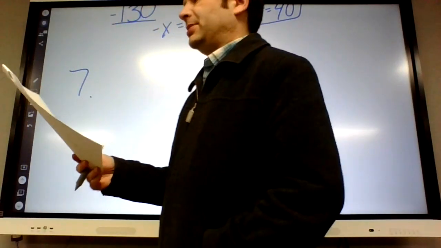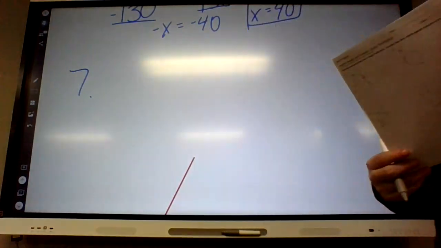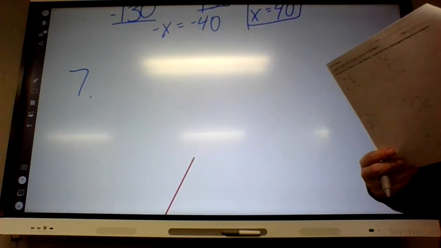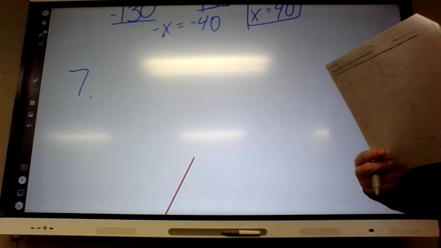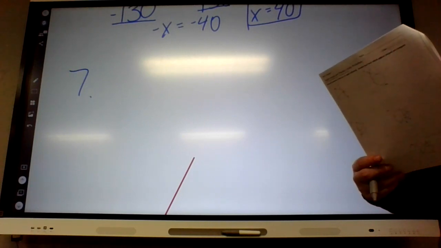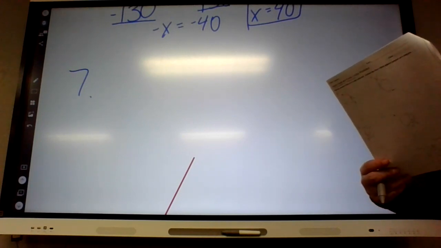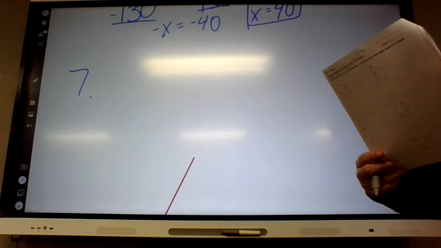All right, Anya. So on 7, the angle is inside the circle. So if the angle is inside the circle, how do we set that one up? Do you remember? Was it 185 minus 55? No, that's when it's outside the circle.